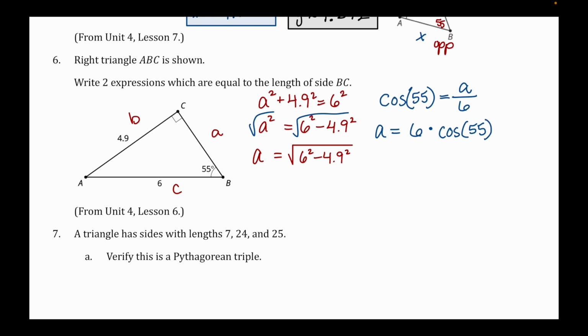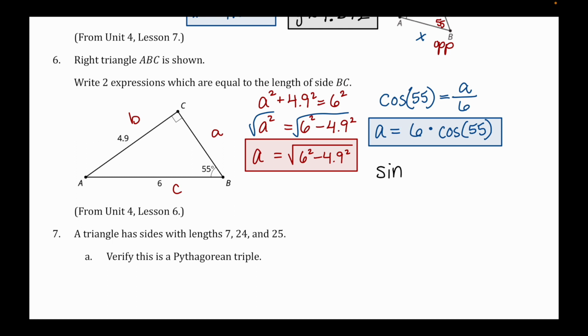And that is an expression that is equal to the side length of BC, same as this one. We can even go a little further if we really, really want to. And we can use what we know from today's lesson, even though this is not supposed to be from today's lesson, go one step further and say that we know that the sine of the opposite angle should give us that same ratio.